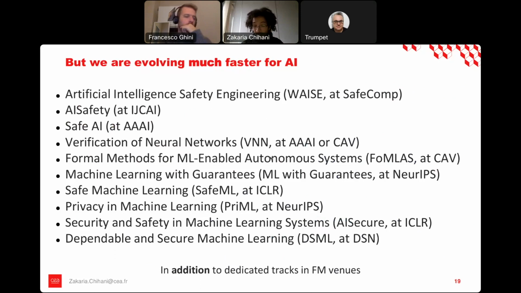There are a lot of workshops and events centered around the safety of machine learning and AI in general, and some of them are specifically tailored to formal methods, in addition, of course, to tracks in formal methods venues that have artificial intelligence specialized tracks. So basically, if you work in this area, there are a lot of places you can publish your work.